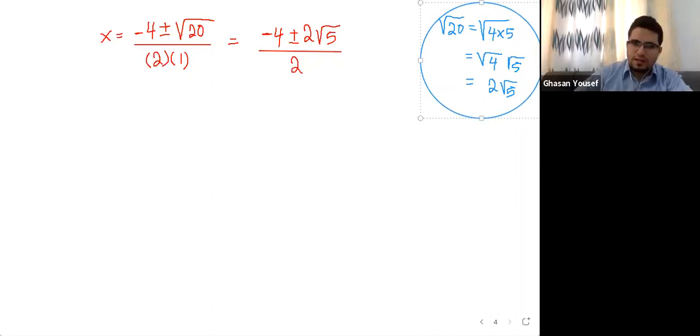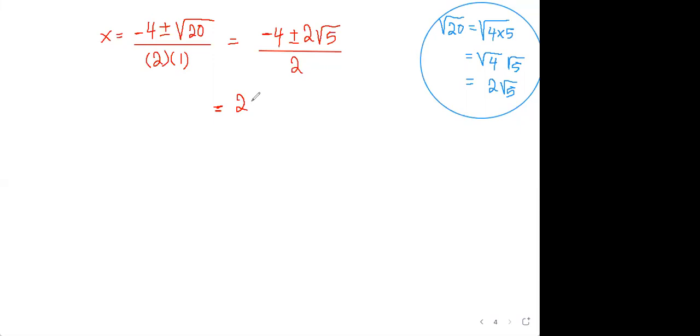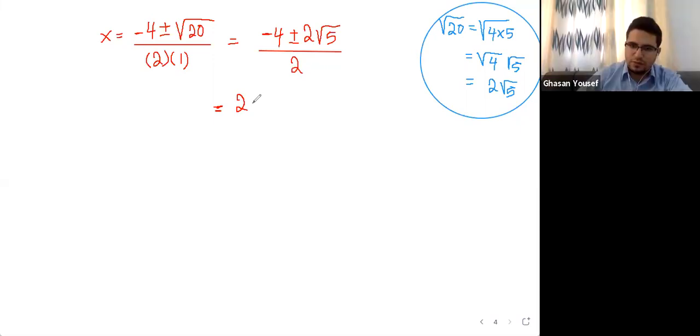Now I can simplify it more by dividing both sides by 2. So I should factor here. What is the factor for the numerator? It's 2. I prefer to make it positive; negative or positive is correct, but I prefer positive. Now, what's remaining here?